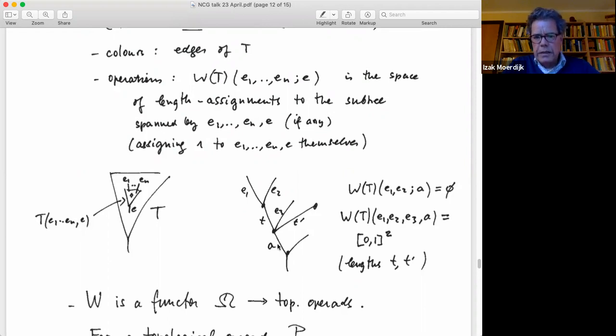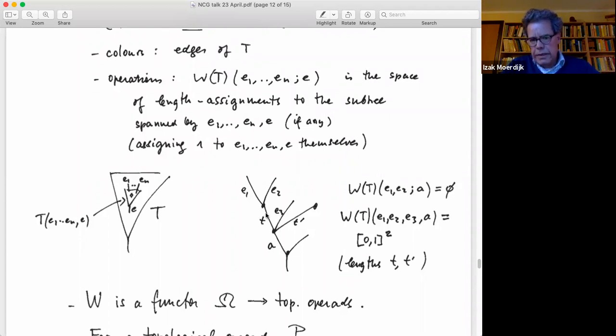It's my edge A. So if I just take E1 and E2, there is no tree which I can draw with leaves E1 and E2 and edge A, because I somehow need this input E3 to be able to reach A. But if I take E1, E2, and E3, and I want to move to A, there are inner edges.